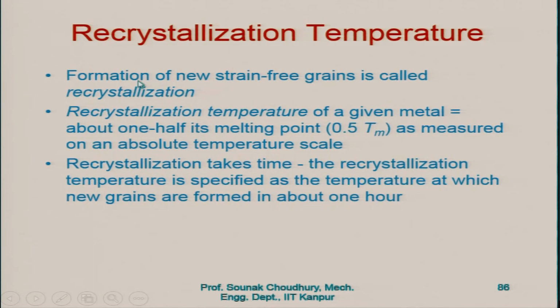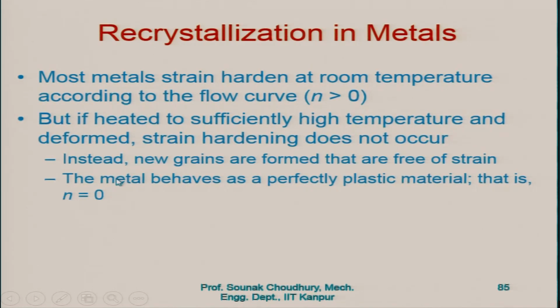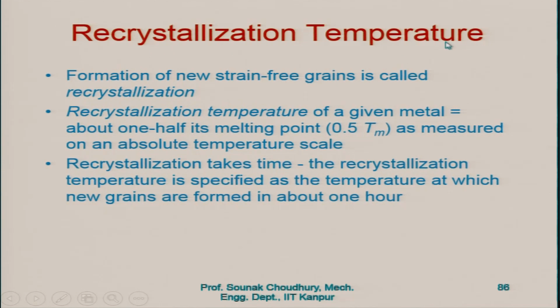Recrystallization temperature, that is the formation of new strain free grains, that is called the recrystallization, meaning that when we say that the new grains are formed that are free of strain when the metal is heated up at a sufficiently high temperature, this will be at a temperature more than the temperature of recrystallization. That is what we said earlier. So, this is the recrystallization temperature.